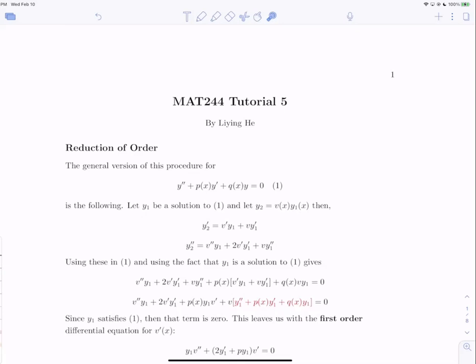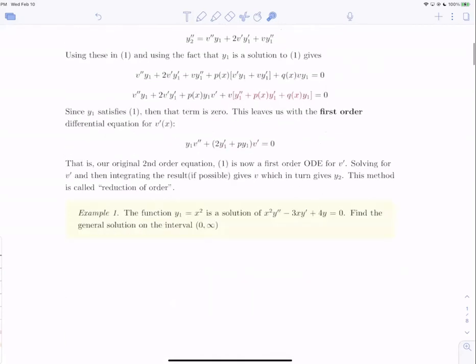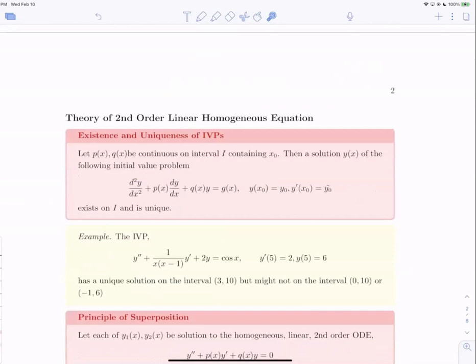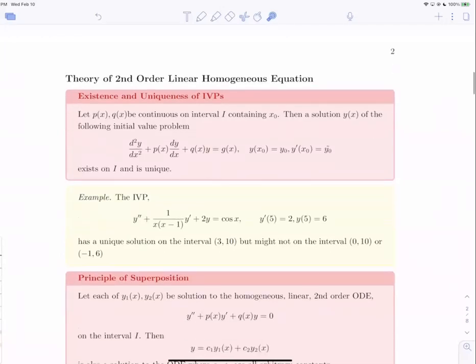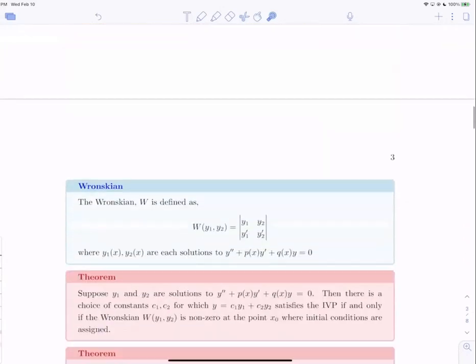Anyway, in today's tutorial we will talk about reduction of order, and then I will talk about some theorems of second order linear homogeneous equations. Those theorems are the same for higher order. For nth order, you just need to generalize it. It's basically the same thing, except you have more solutions and more variables.